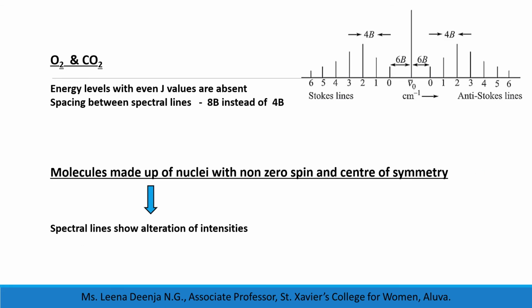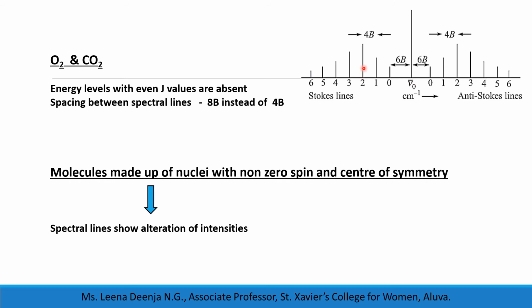For oxygen and carbon dioxide, energy levels with even J values are absent. That means the J equal to 0 level, J equal to 2 level, J equal to 4 level, etc. are absent for oxygen and carbon dioxide. So the first Raman line is at a distance of 10B from the central line.